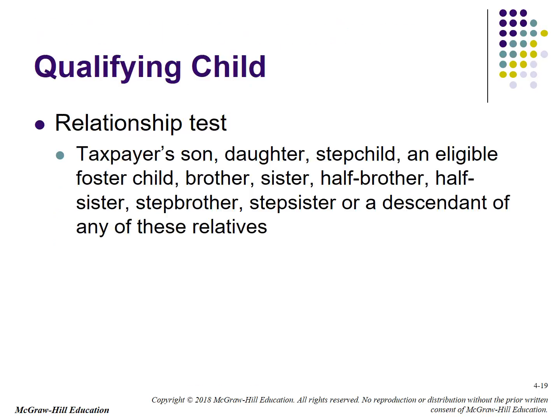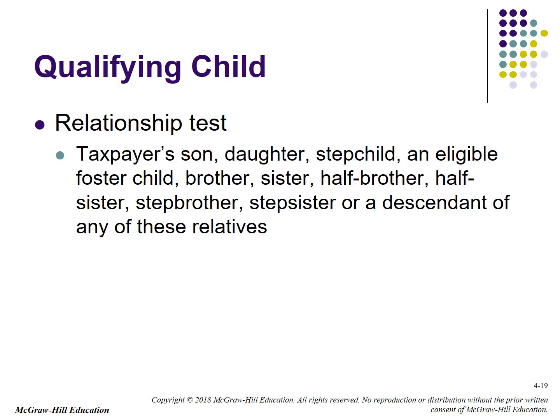Let's take a look at the relationship test. A very narrow definition here. It is the taxpayer's son or daughter, or any combination, stepdaughter, stepson, foster child may be eligible, adopted child eligible, or brother, sister, half brother, half sister, or any of their descendants.